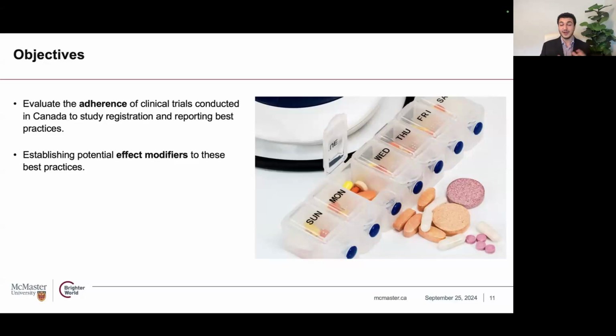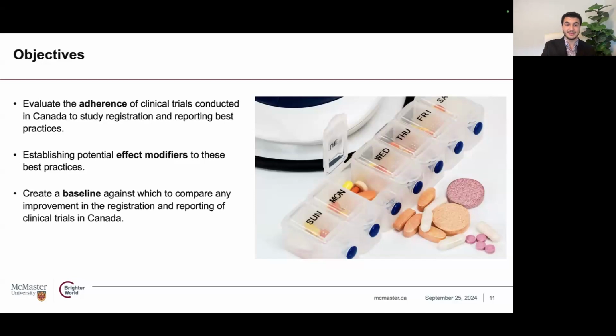Maybe it's funding, maybe it's the number of participants, perhaps it's the country where this study was done. We set out to determine this. And the last objective was to create a baseline against which to compare any improvement in Canadian clinical trials in the future.